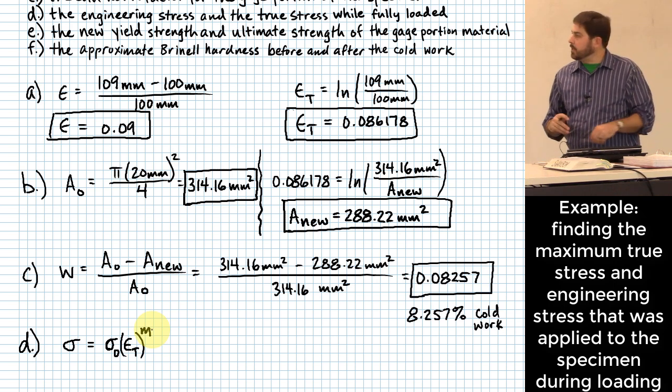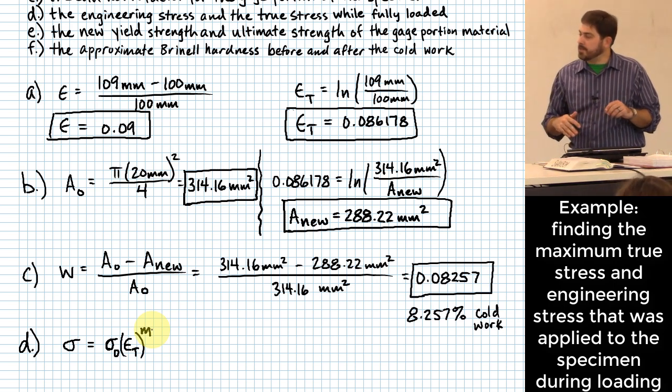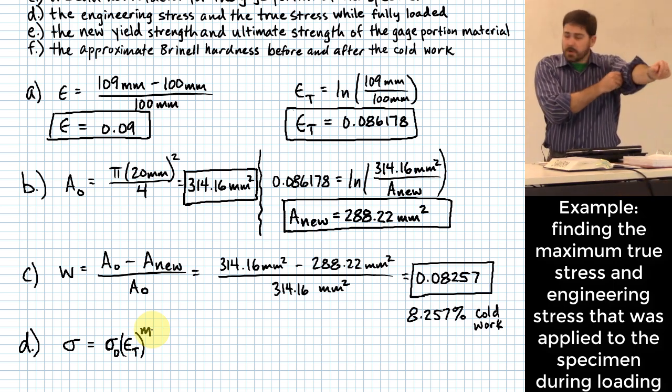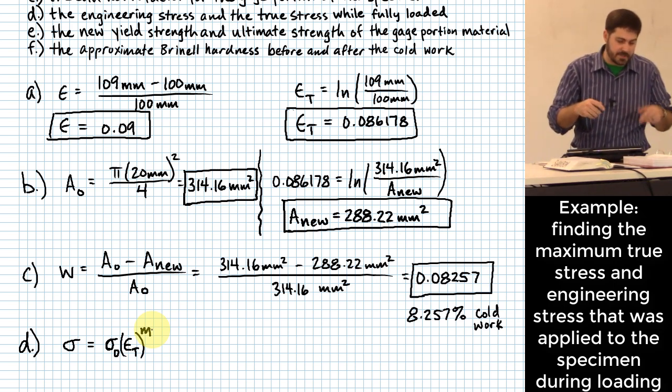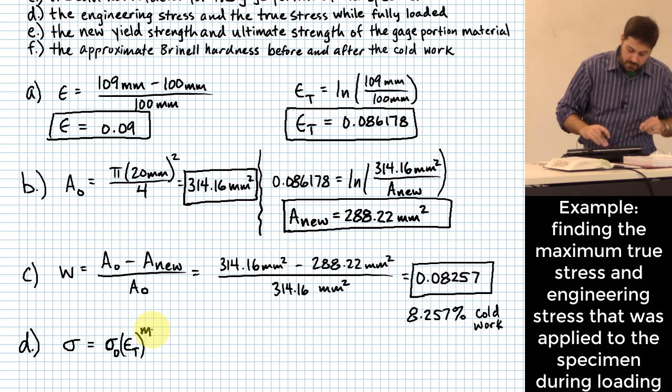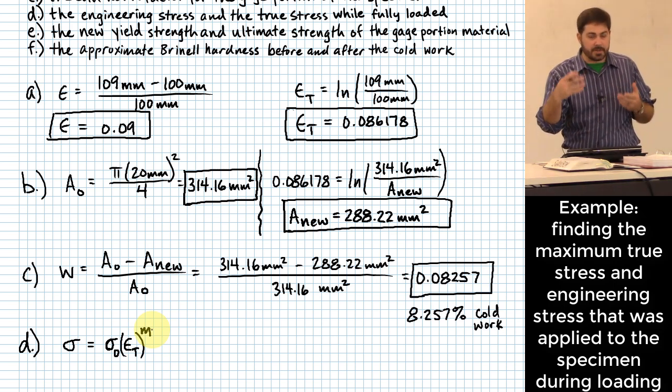Now let's look at this sigma naught and m. Those are factors that, at least for a few of the kinds of materials in this textbook, have been tabulated for particular kinds of material.